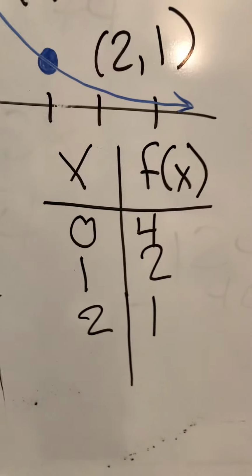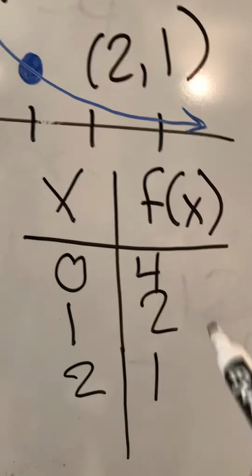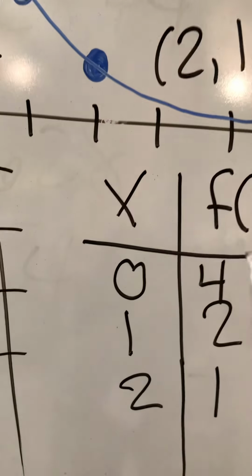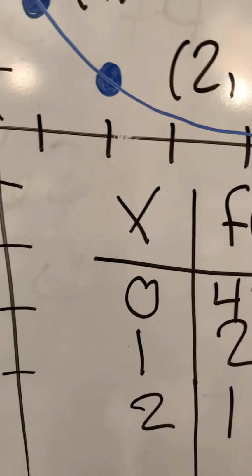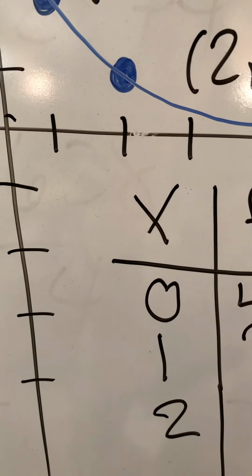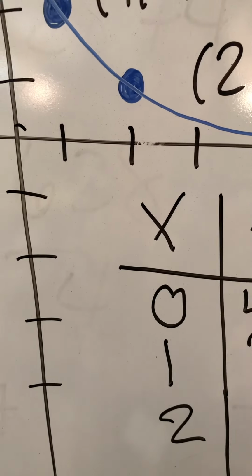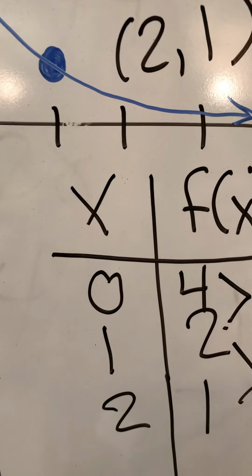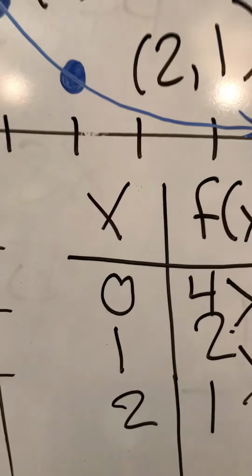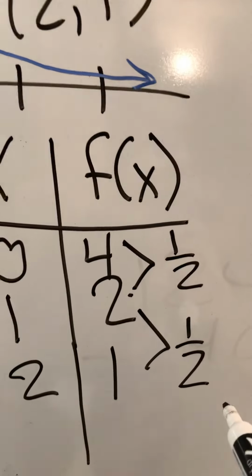Okay. So when you're looking at this, you're looking at the constant going down. So 2 divided by 4 is not 2, it is a half. And 1 divided by 2 is a half. So in this case, your constant, or your b, is a half.